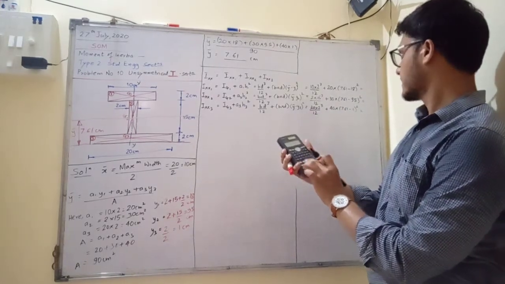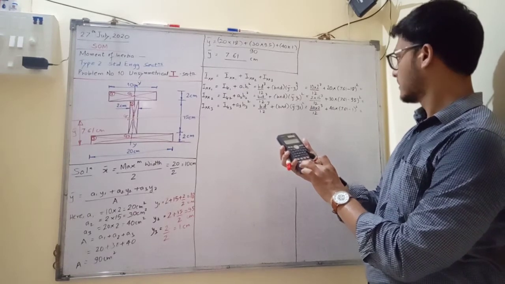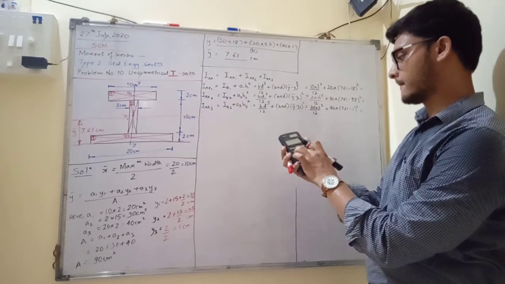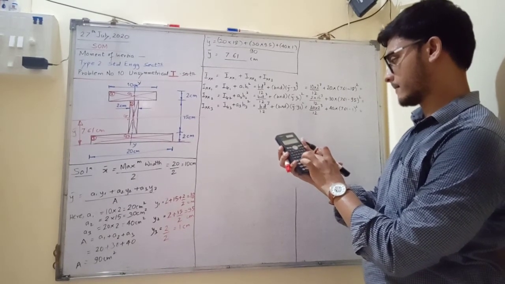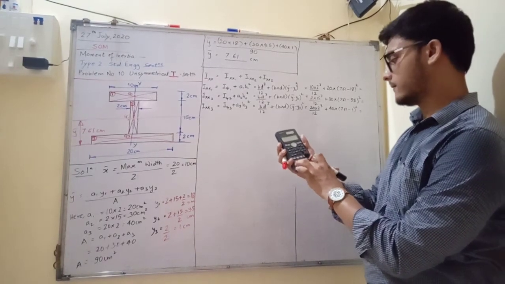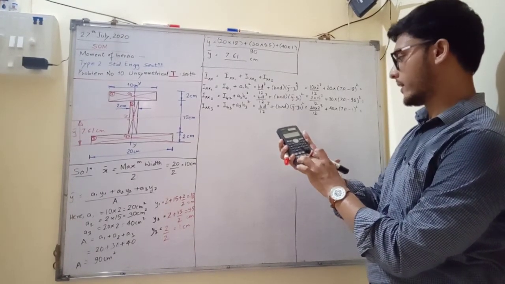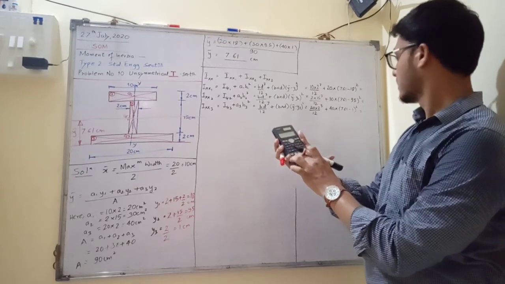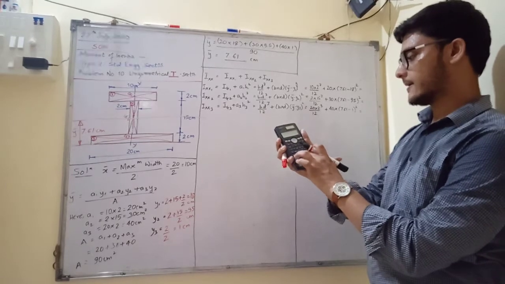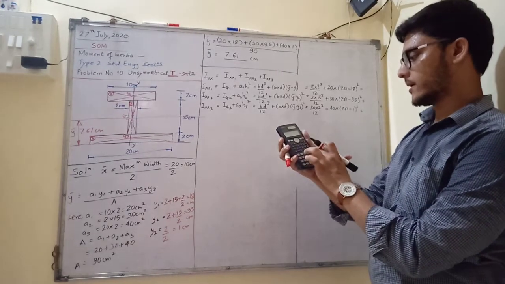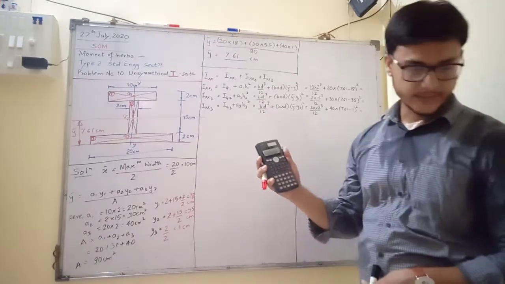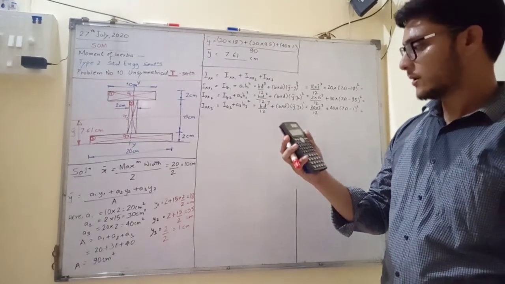So I'll solve. First is 10 into 2 cube divided by 12 plus 20 into 7.61 minus 18 bracket the whole square. 2.165 into 10 raised to 3.